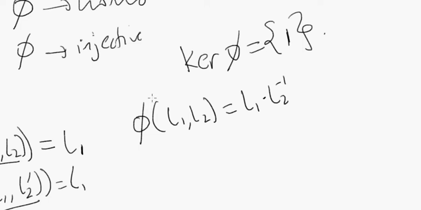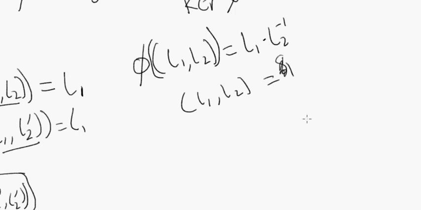Well, how many ordered pairs L1 L2 are going to give us the identity, right? Does it make clear that there are at least p of them?